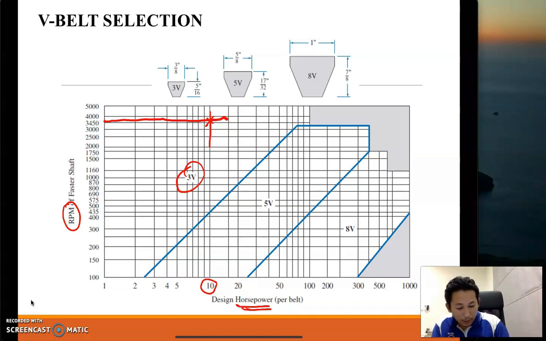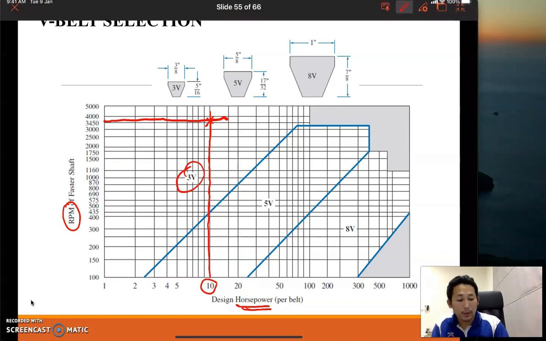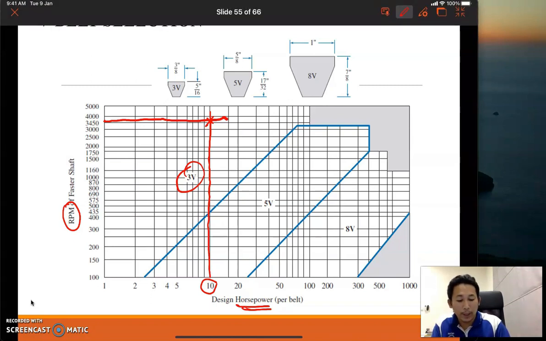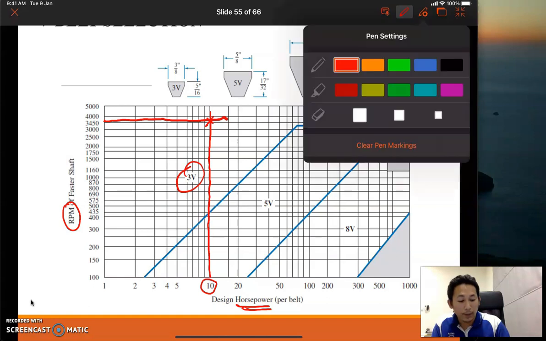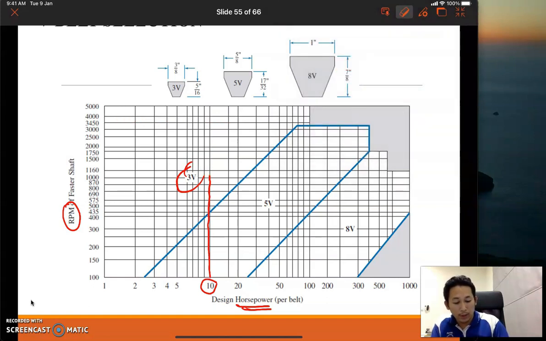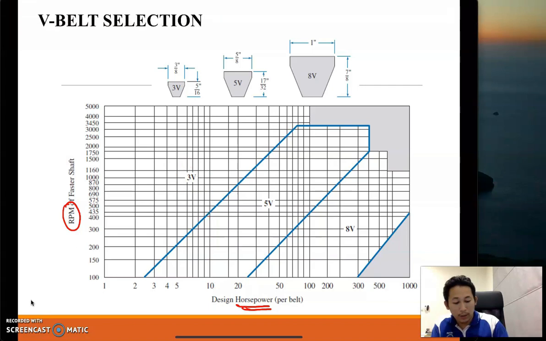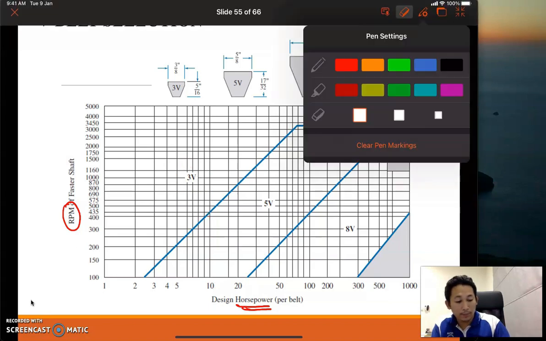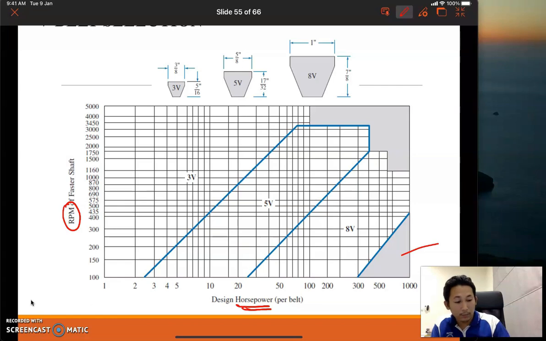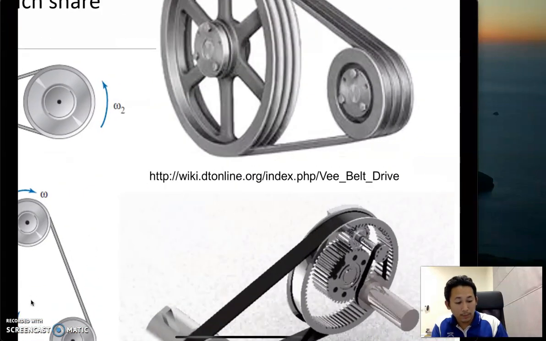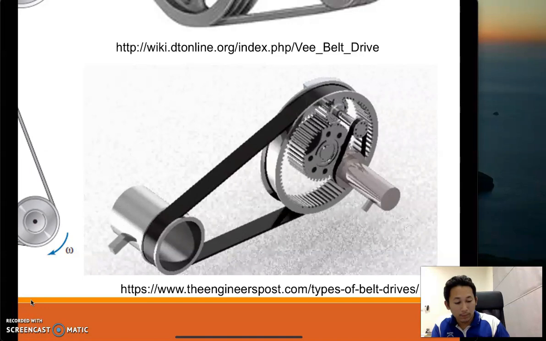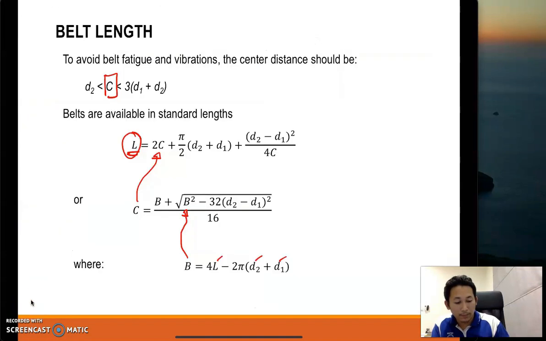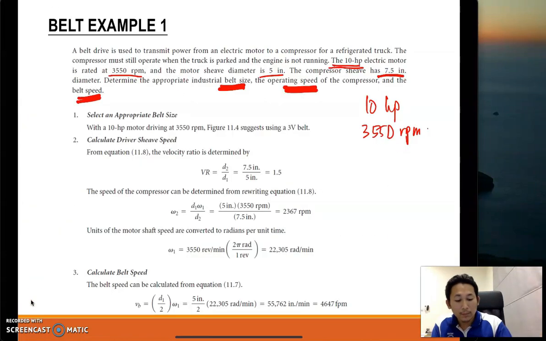So this is 10 HP, 3550 RPM, and that one goes for 3V belt.